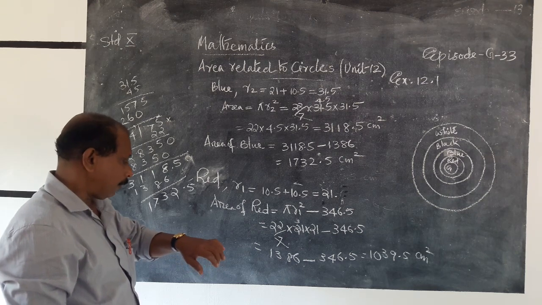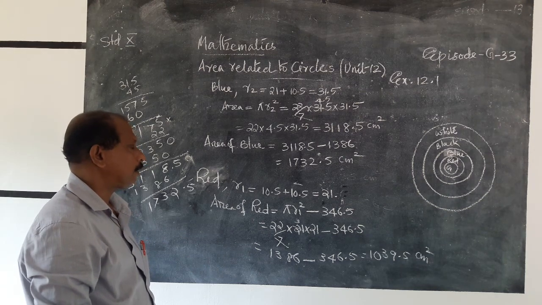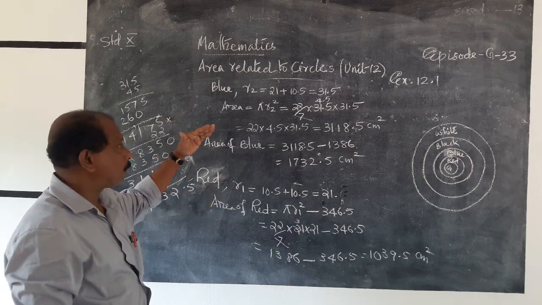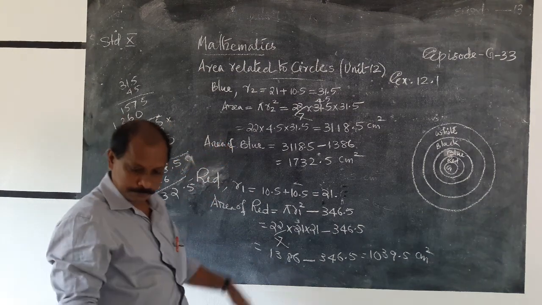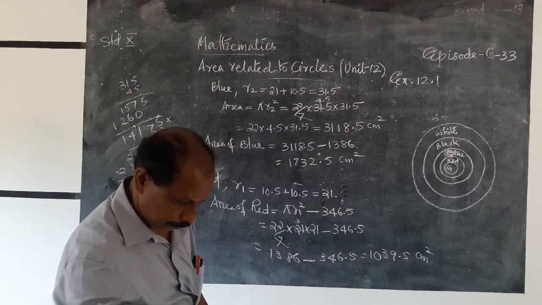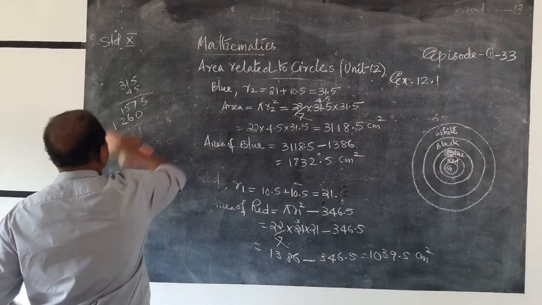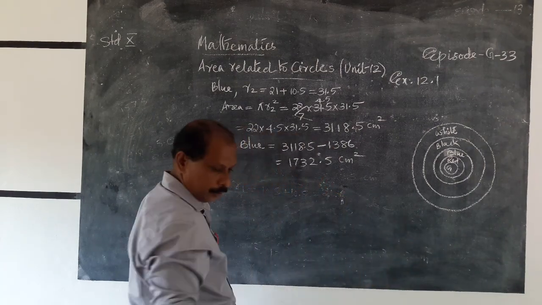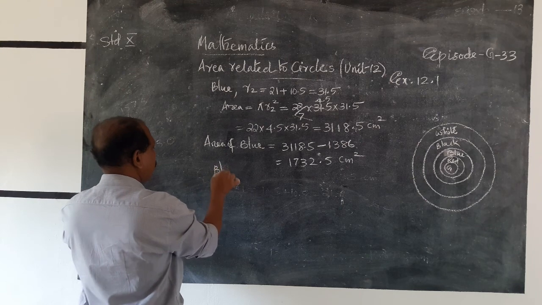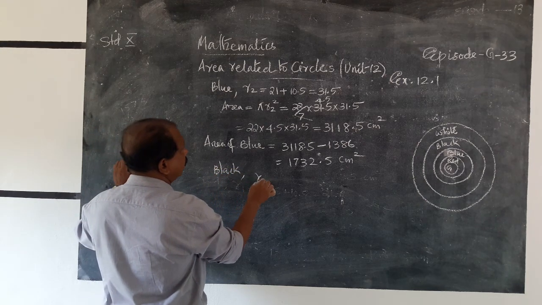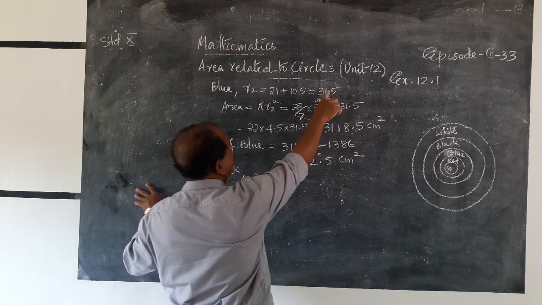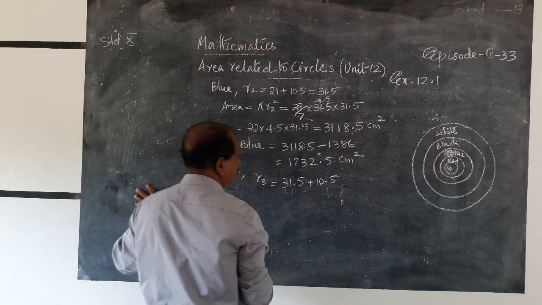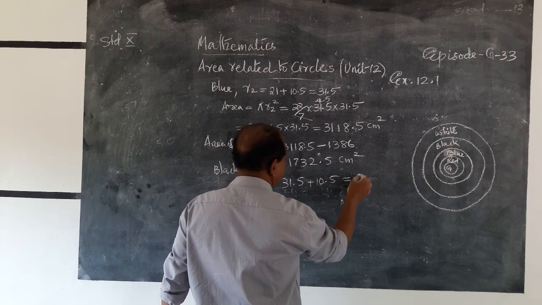Then we can find out the area of black. Then area of the black region is equal to area of the black circle minus area of blue. r3 is 31.5 plus 10.5, that is 42.